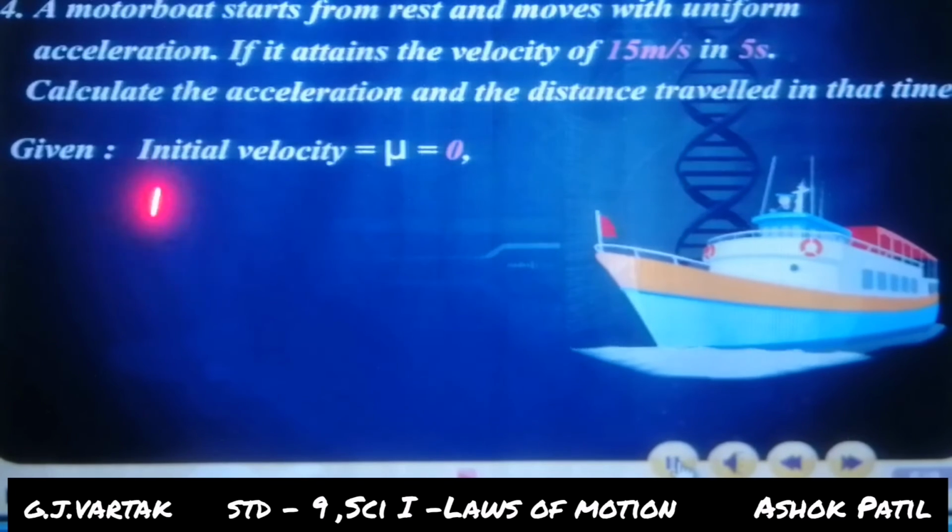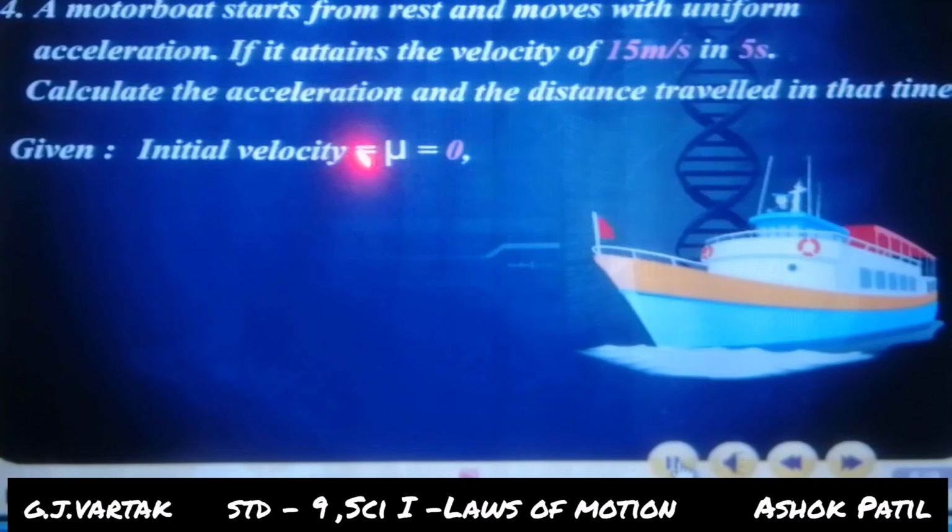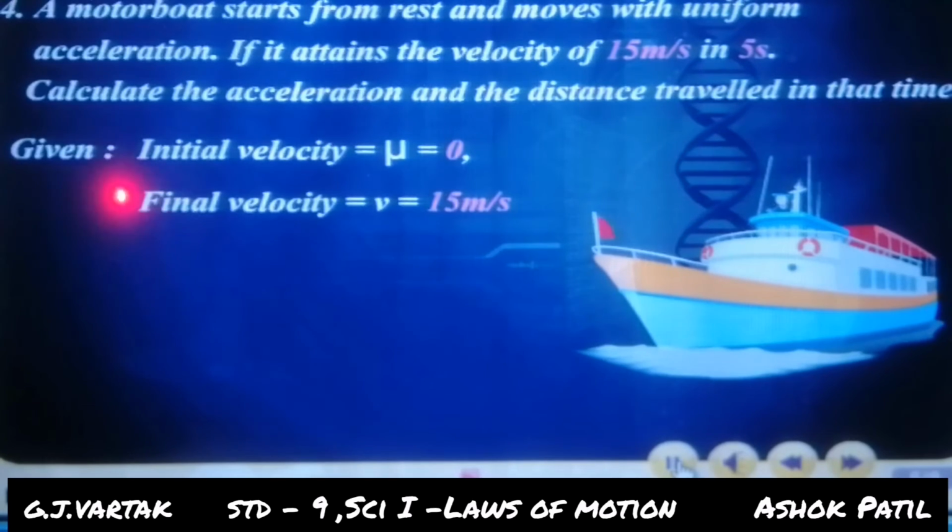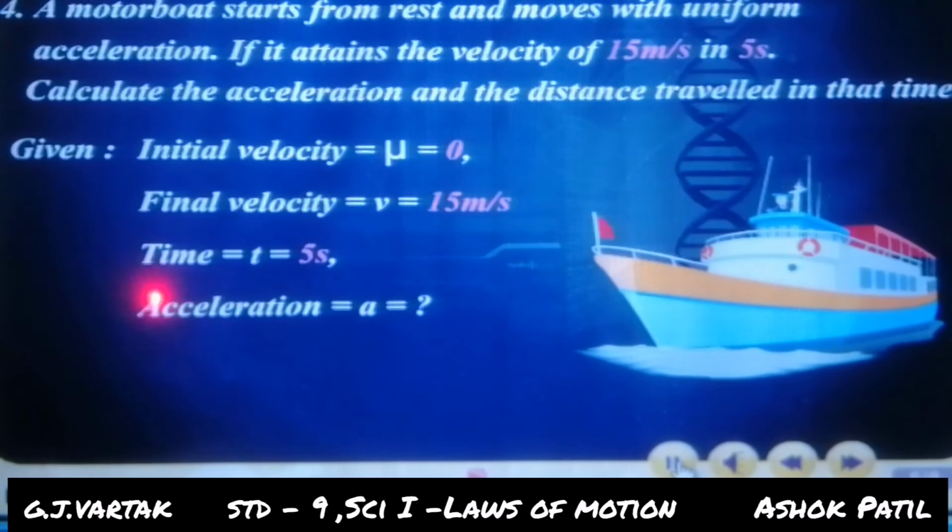Given: initial velocity u is equal to 0, final velocity v is equal to 15 meter per second, and time t is equal to 5 seconds. Acceleration is equal to question mark.